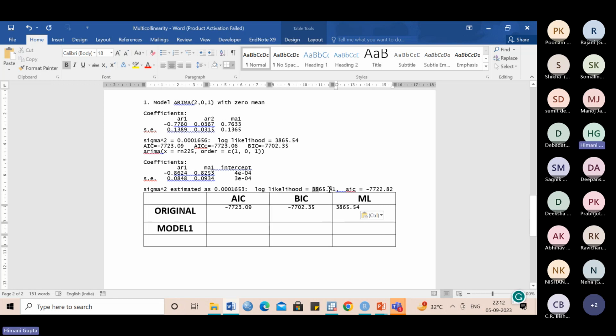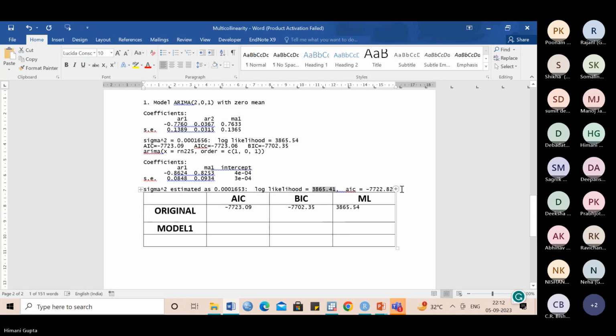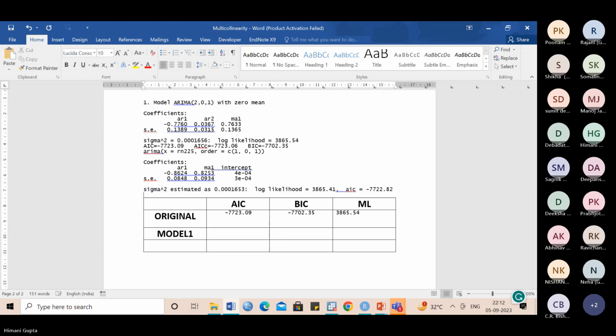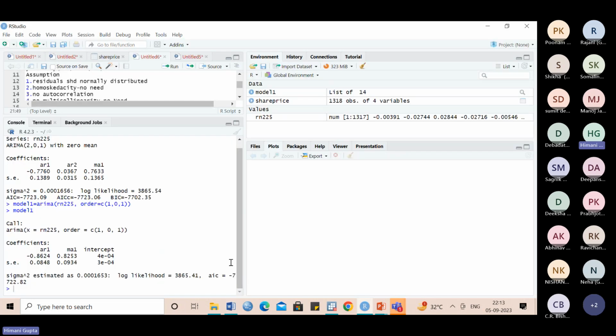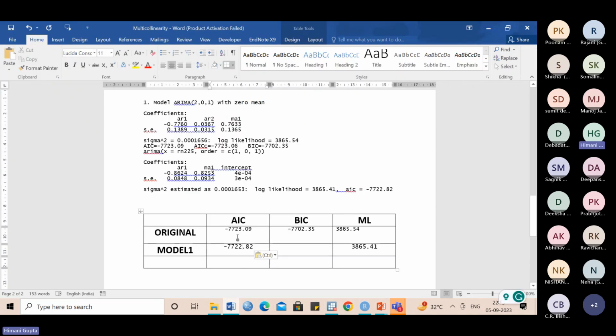Your maximum likelihood is, it's given AIC is this, and BIC. Let me check. I have not taken BIC. Okay, it has not given me the BIC right now. If I'm going to compare it with the AIC, as I told you, in AIC I have to see the minimum value. Which is the minimum value among these two?